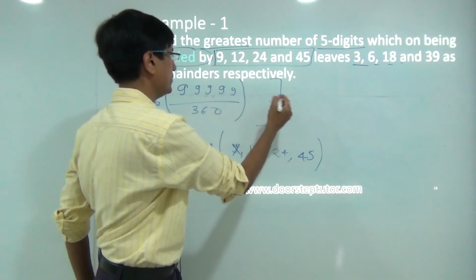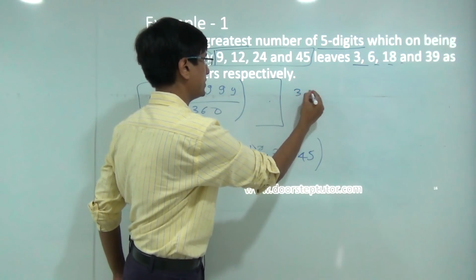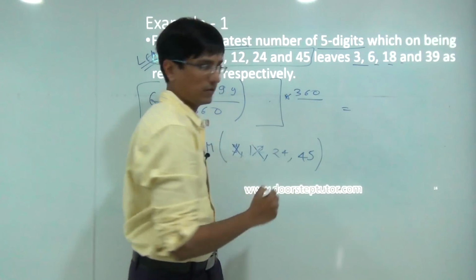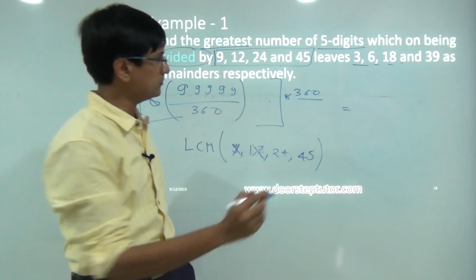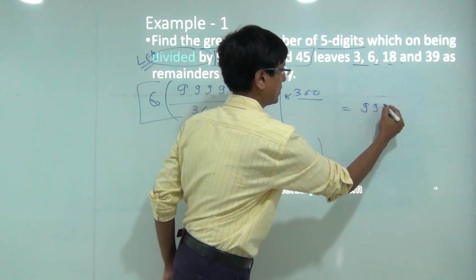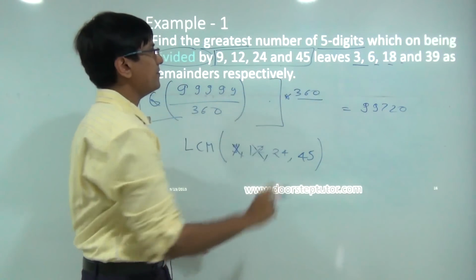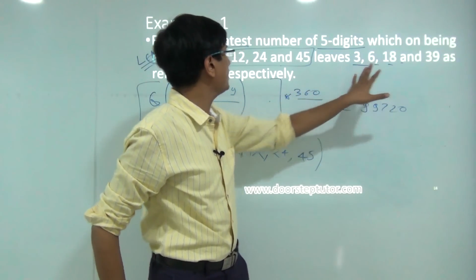I just get the quotient of this one, and then I multiply it by 360. So, which is nothing but 99720.